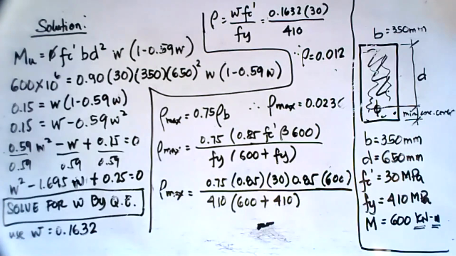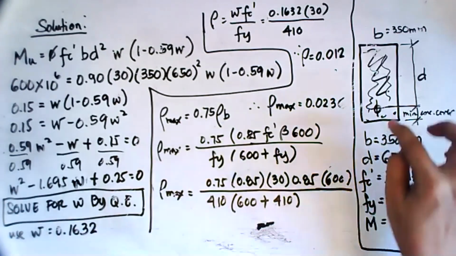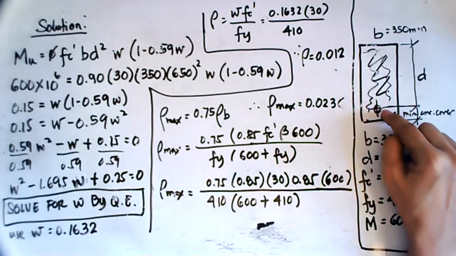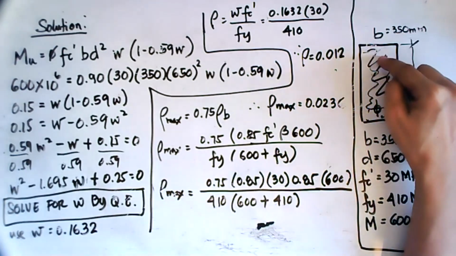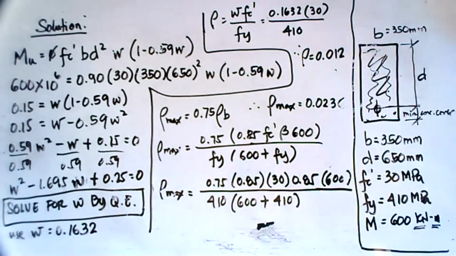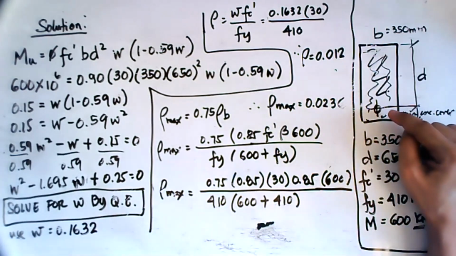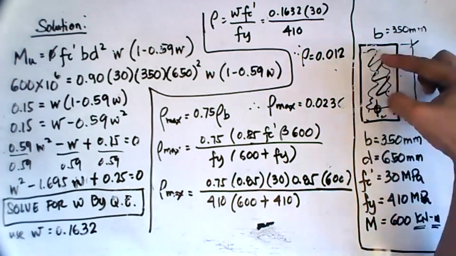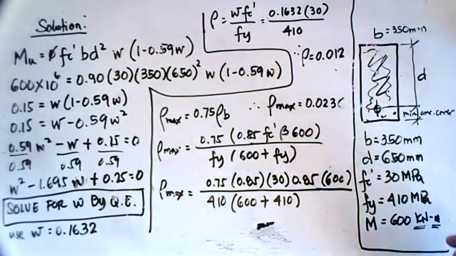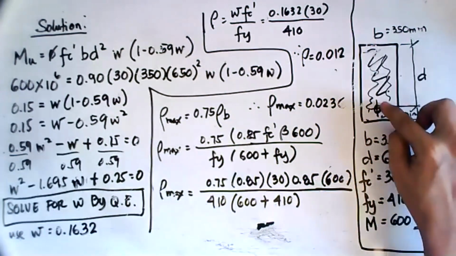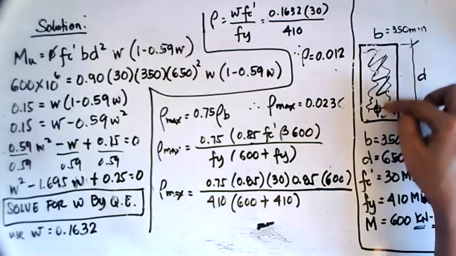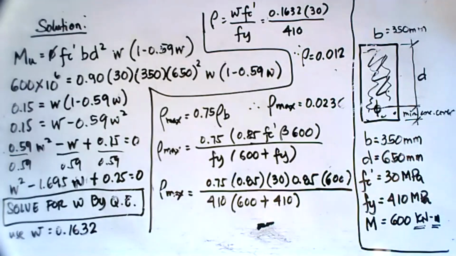But first, we have to check whether the section should be provided with tension reinforcement only or do we have to provide compression reinforcement? Kasi merong dalawang klase ng beam. One is a beam reinforced for tension lang or both for compression and tension. So, pwede kasing nandun lang sa tension side yung bar, pwedeng wala dun sa compression side.